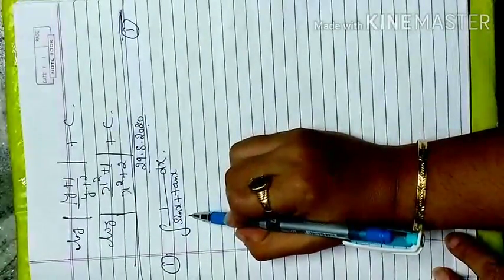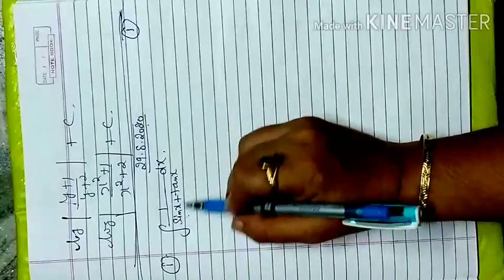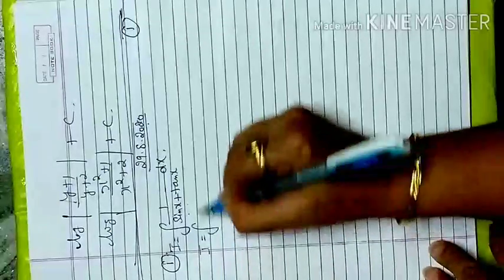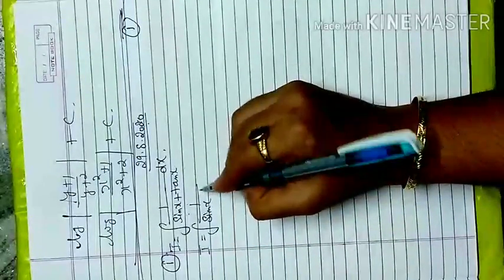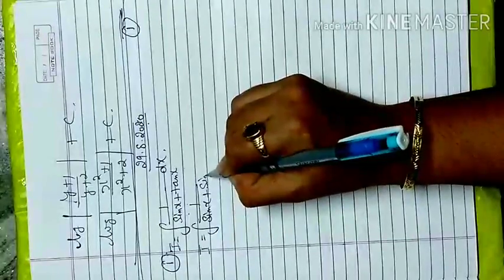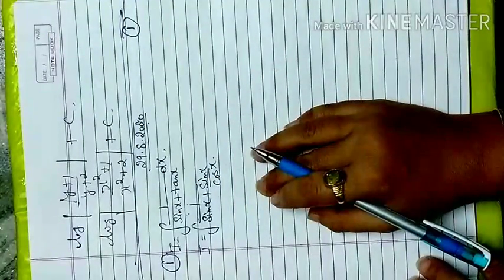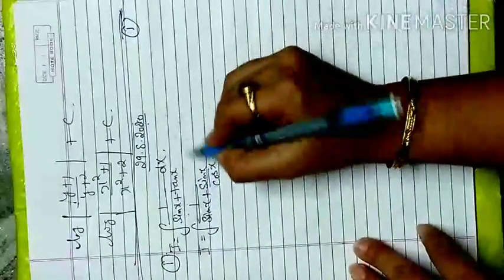What you will do if I have a question like 1 upon sin x plus tan x. First I will open tan x as sin x upon cos x, so 1 by sin x, then tan x open as sin x by cos x. Now I can take the LCM, or I can take sin x common outside, which will be better.